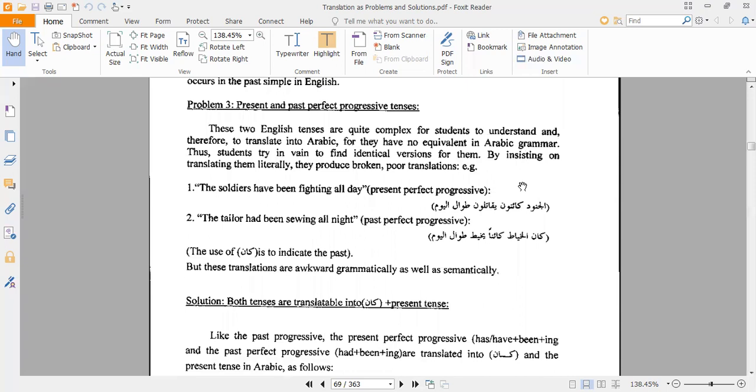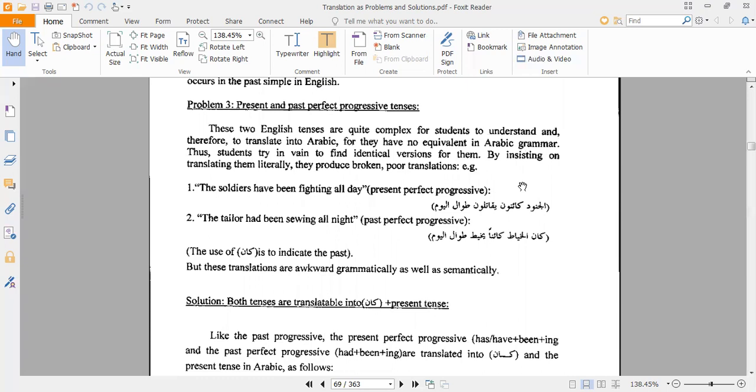Okay. Now present and past perfect progressive tenses. Look at these two sentences: present perfect progressive and past perfect progressive are not found in Arabic.